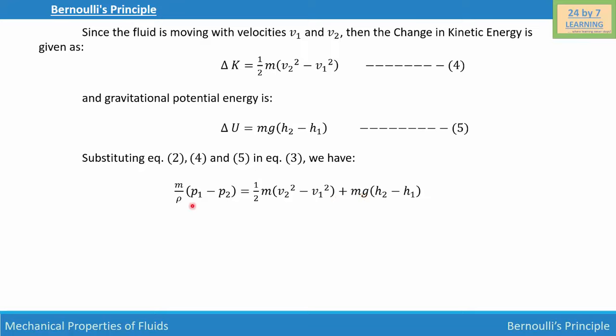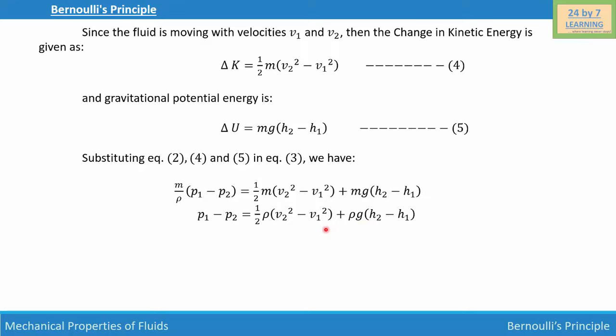Let's simplify further. We will cancel m from both sides, and then multiply rho to the other side, and we will get P1 minus P2 is equal to 1 over 2 rho (v2 square minus v1 square) plus rho g (h2 minus h1).